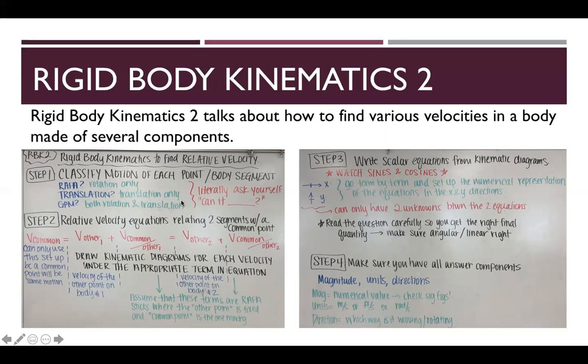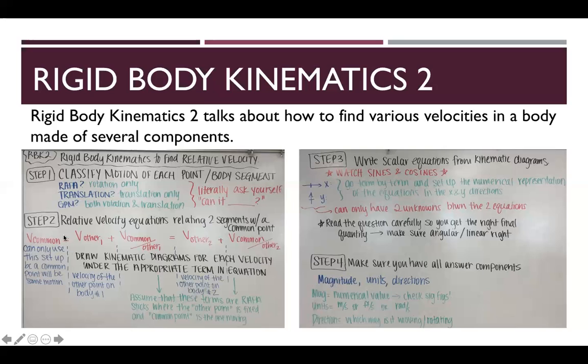If it's translating, can it slide? Translating is the actual motion in 2 dimensions. And then general plane motion is RAFA and translation combined. So the idea behind rigid body kinematics to find relative velocities is that you want to take one common point and write the relative velocity equations for the body to the left of that point and the body to the right of that point.